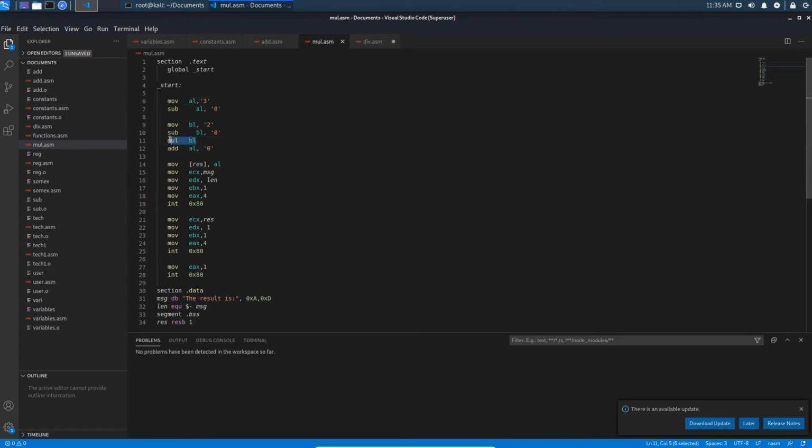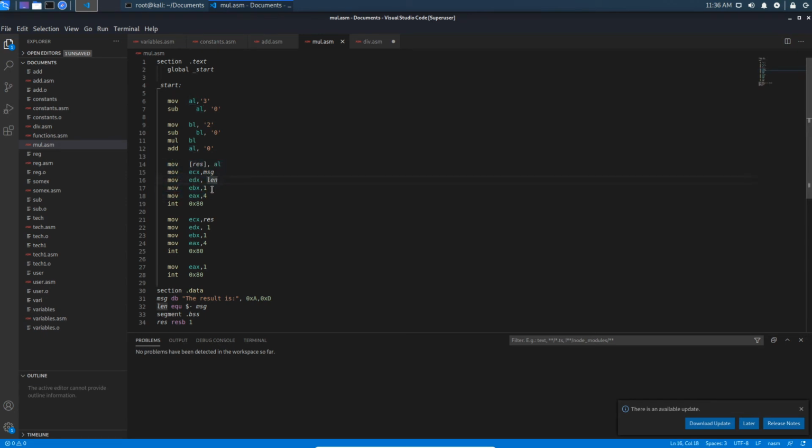You might wonder why I didn't mention AL; it is an internal interpretation done automatically by our NASM assembler. Then we add to AL again to convert binary to ASCII format. I think all members know what it will do.